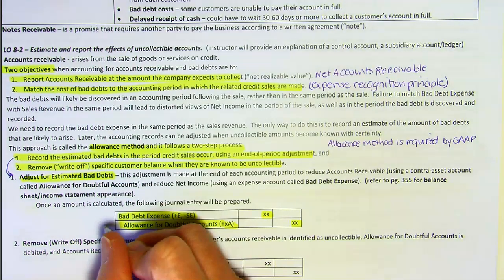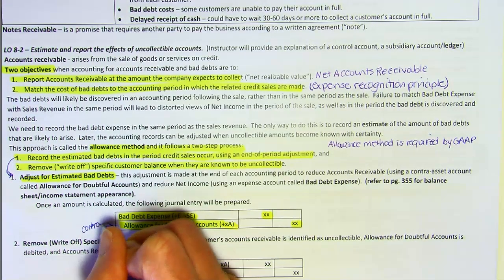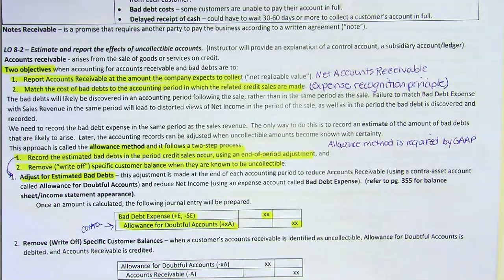This is a contra account, a contra asset account, similar to accumulated depreciation that we learned about in Chapter 4. This account will be subtracted from accounts receivable on the balance sheet, and the result will give us the net accounts receivable, or net realizable value. The net realizable value. That's the amount we think we really will collect.